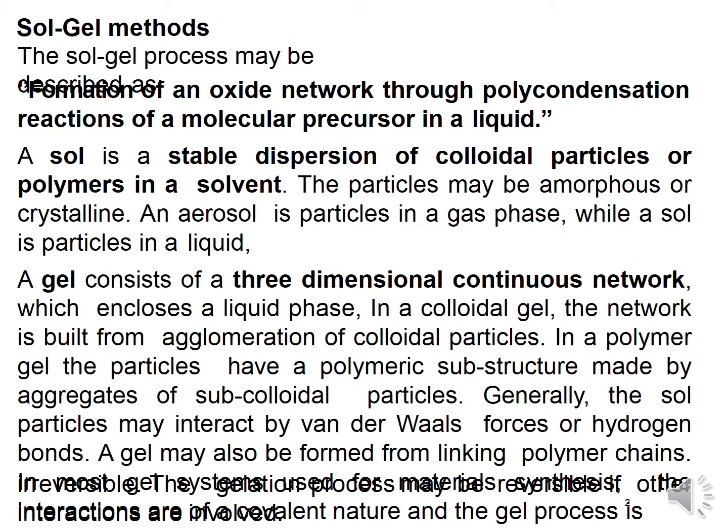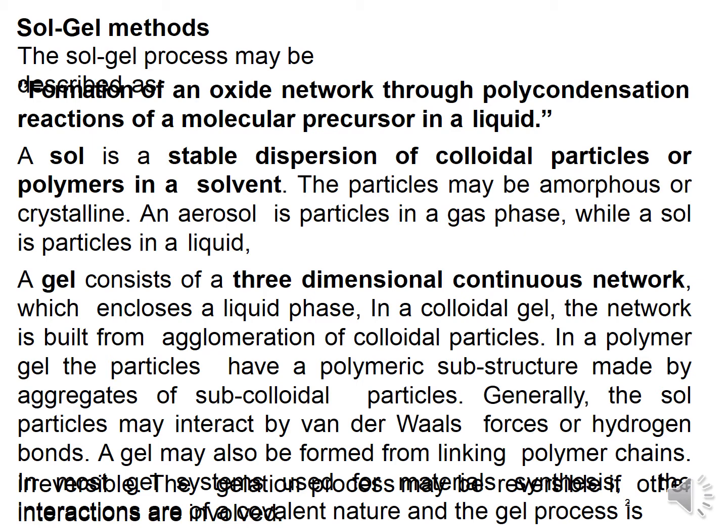In a colloidal gel, the network is built from agglomeration of colloidal particles. In a polymer gel, the particles have a polymeric substructure made by aggregates of subcolloidal particles. Generally, the sol particles may interact by van der Waals forces or hydrogen bonds.